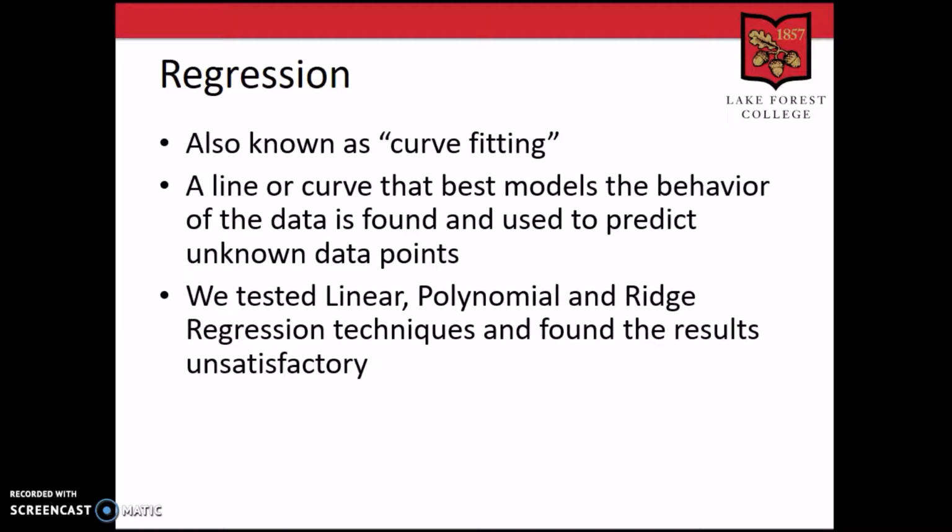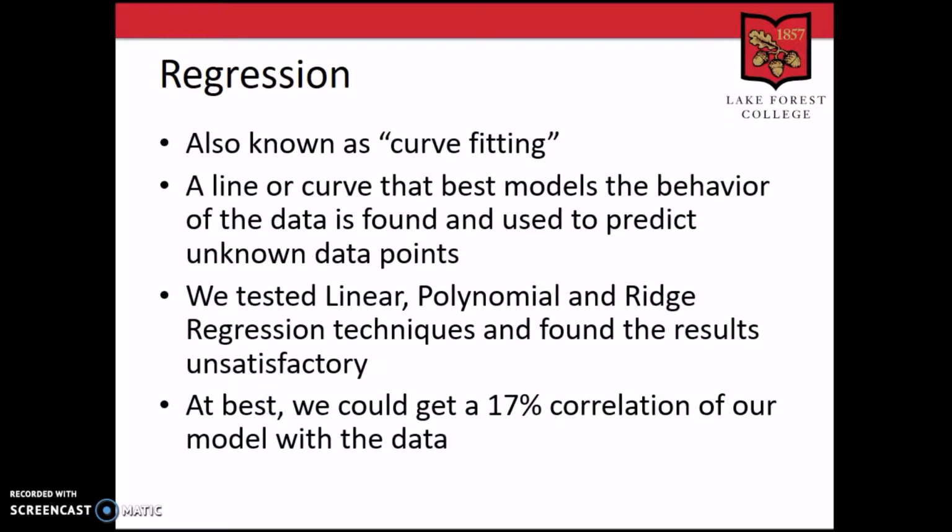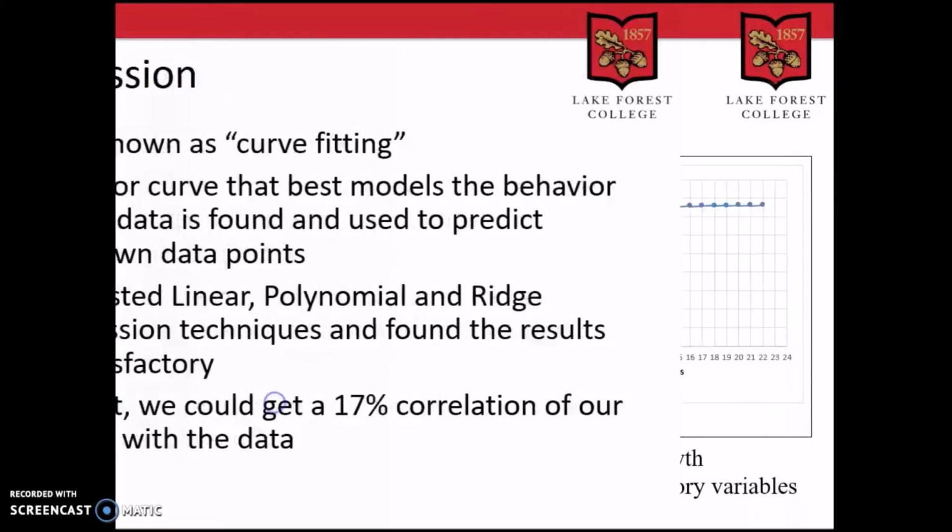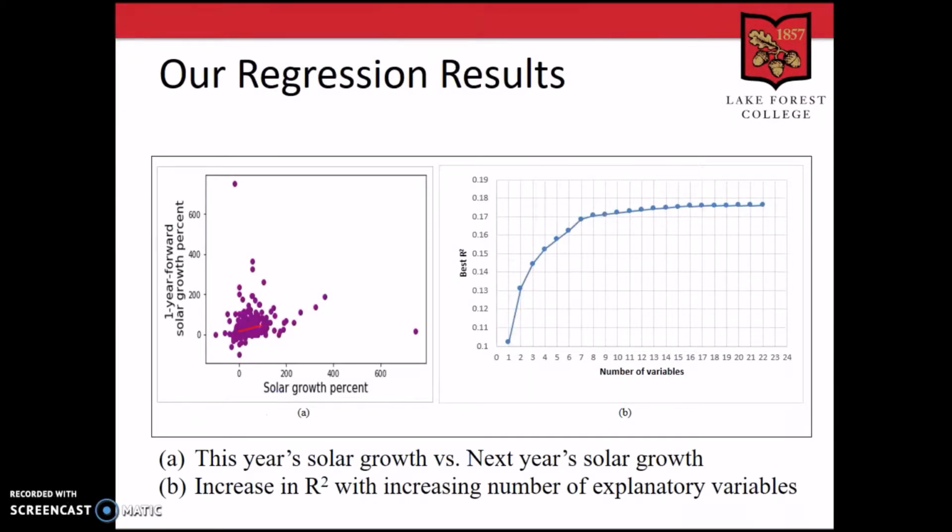These were all unsatisfactory, and at best we could get only about 17% accuracy of the model. So that means in approximately 17% of the test cases our model could predict the data accurately. Then here's a visualization of our regression results.